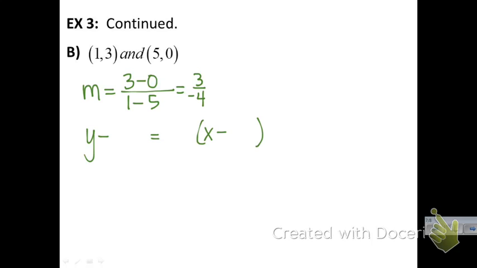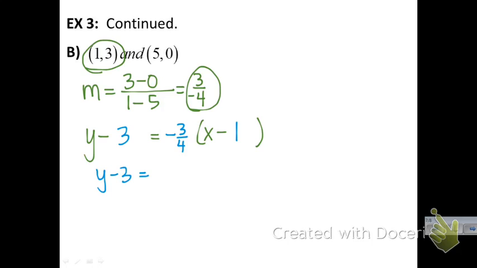So now we have a slope, and I'm going to choose the first point. Again, it doesn't matter which pair you pick. So our slope is -3/4, and notice how I put that negative in the front instead of with the top or the bottom. Our x1 is 1 and our y1 is 3, so we'll distribute our -3/4 to both of them.